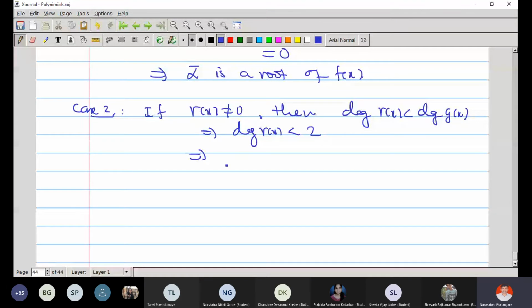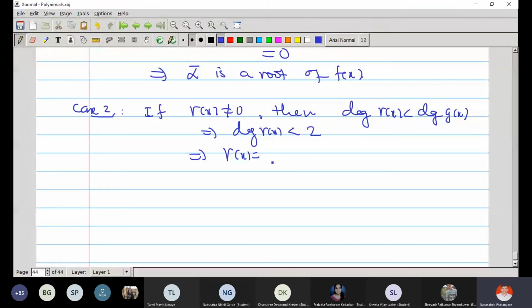Therefore, r(x) is some polynomial of degree less than 2. We should use some different notation, since there is confusion. So r(x) is some lambda plus mu x.